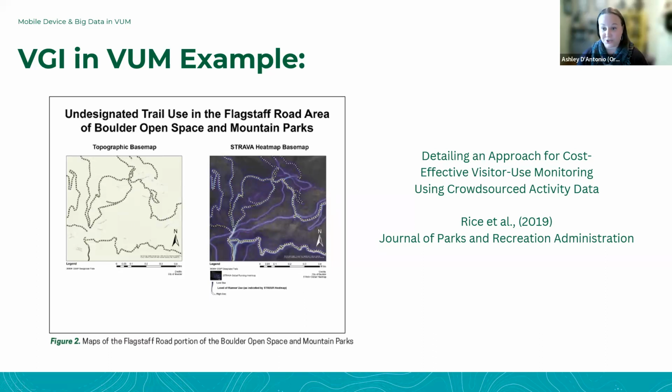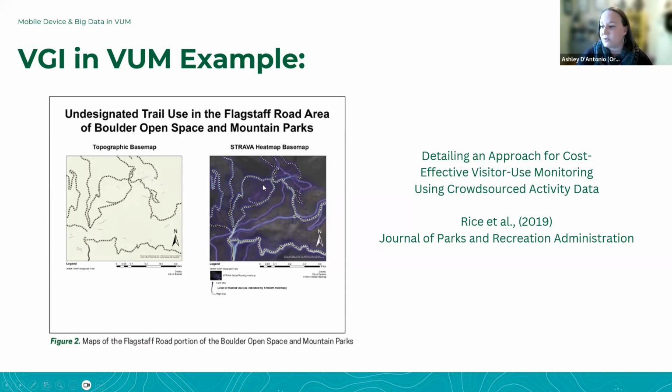So you could pull up the Strava Global Heat Map. I don't even know if you need a Strava account, and look at where folks are posting, where they are saying they're recreating, and just look at the heat map. The point here is that just by looking at the heat map, we can monitor things like off-trail use or the use of informal trails. The purple, again, is where visitors are posting their rides or runs to Strava.